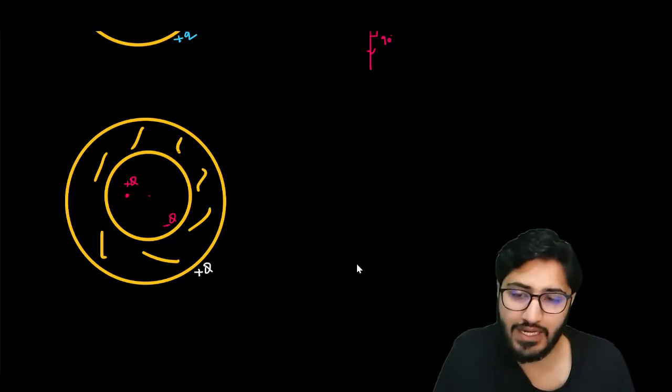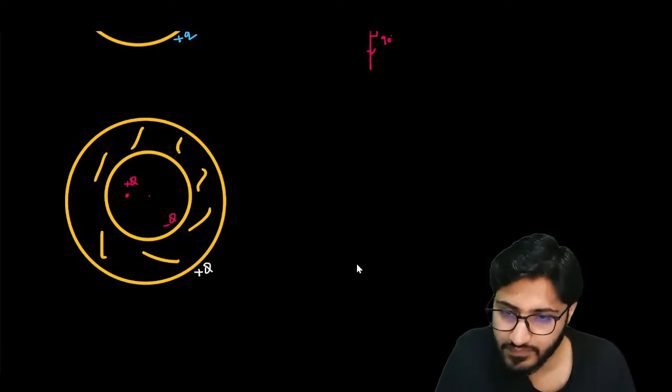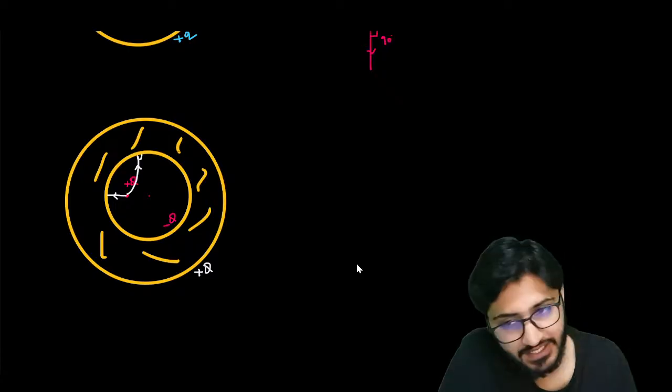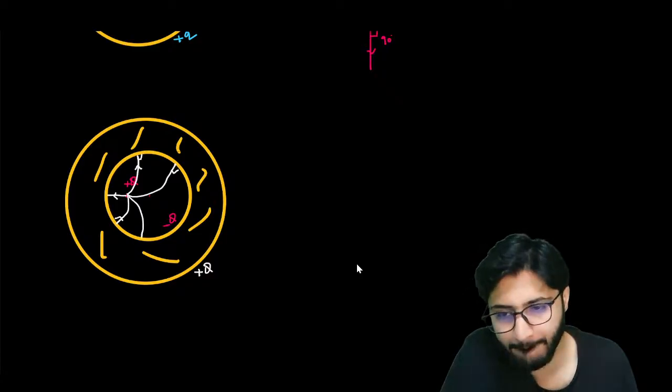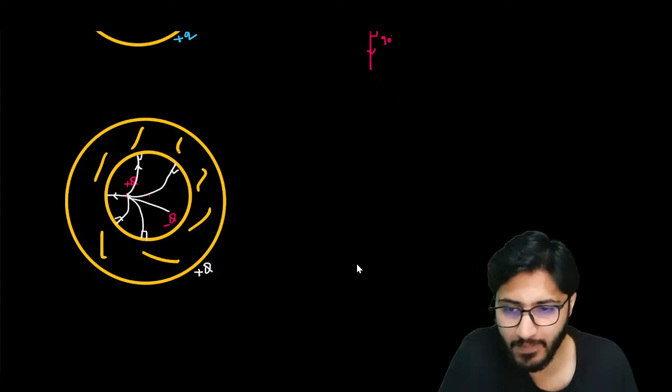Look, how my lines would be now? Look, it will go like this. It will be like this, look, 90 degree. It should have here 90 degree. Look here, 90 degree, 90 degree, 90 degree, 90 degree.